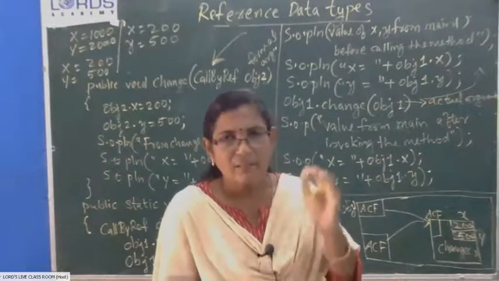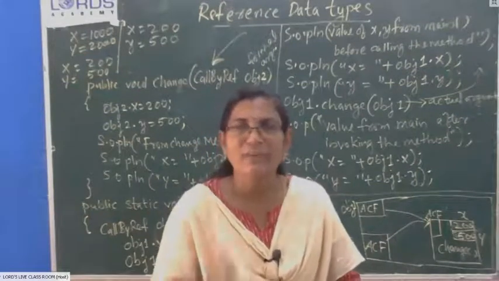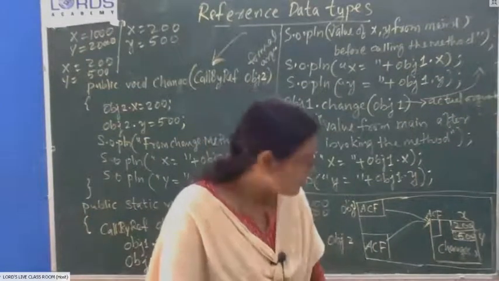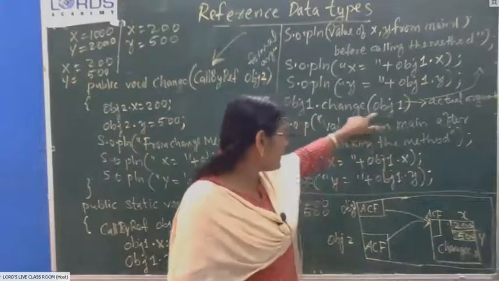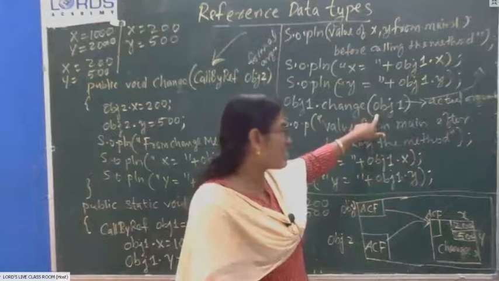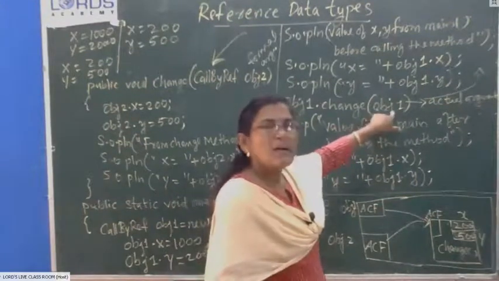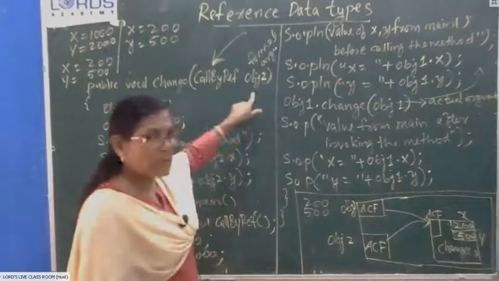From there, the reference data types are passed to the function. When a reference data type is used in the method call, not the real object is created, only the address is copied from this actual argument to the formal argument.